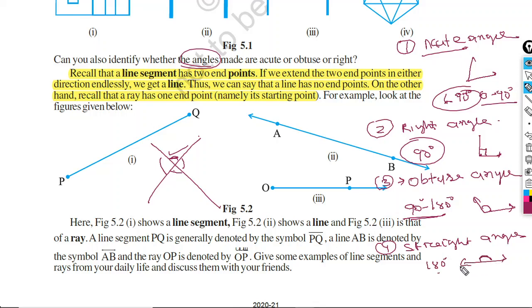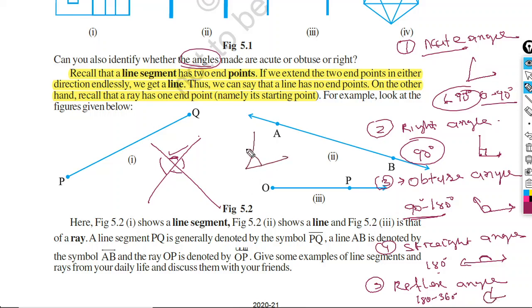Now number 5, reflex angle. How do you write a reflex angle and what is its measurement? Its measurement is 180 degrees to 360 degrees and it will be drawn like this part. I am doing it here.